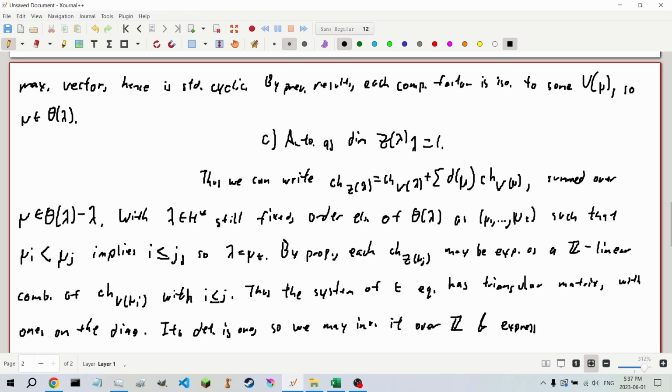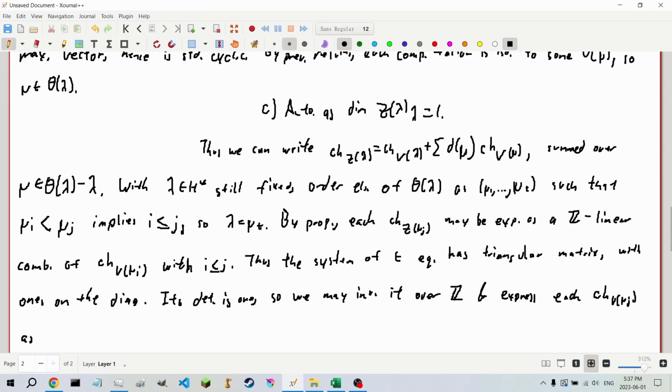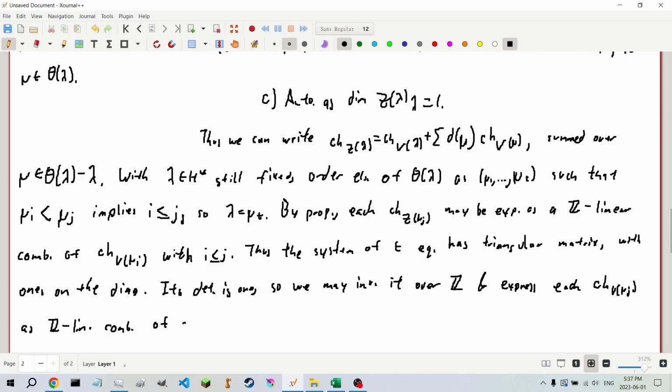And express each character of v of mu j as an integer linear combination of the characters of the z of mu I, for I less than or equal to j, and of course with character of z of mu j having coefficient 1.